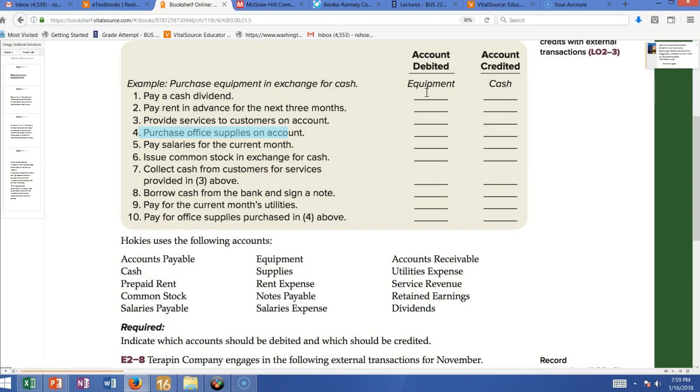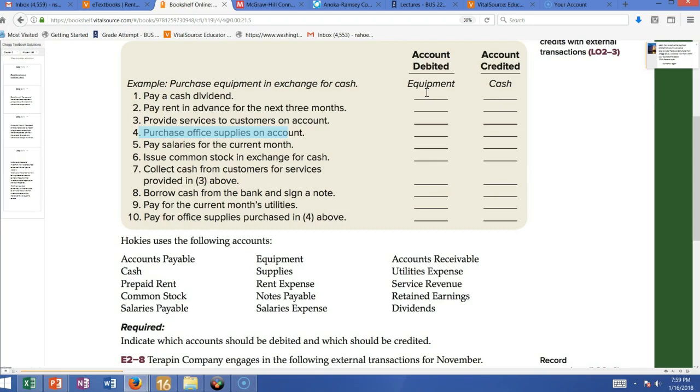When we provide services, our revenue account is increasing, right? What's the normal balance of a revenue account? Credit. And we also know it's a credit because it helps increase our retained earnings, and that's always a credit balance. So, to provide services to customers on account, accounts receivable is debited, service revenue is credited. Does that make sense, guys? Are we doing well?